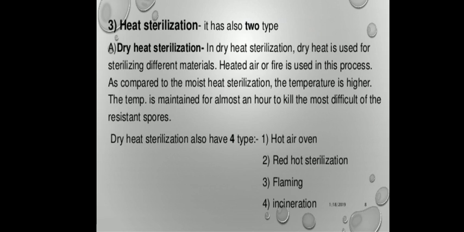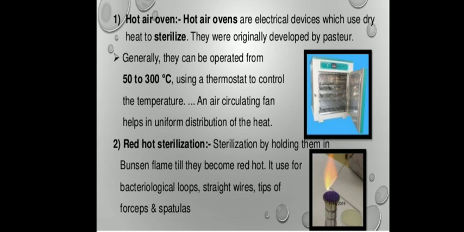For example, a hot air oven can be used. Then red hot sterilization can be performed, as well as flaming and incineration. Now, hot air ovens are electrical devices which use dry heat to sterilize.